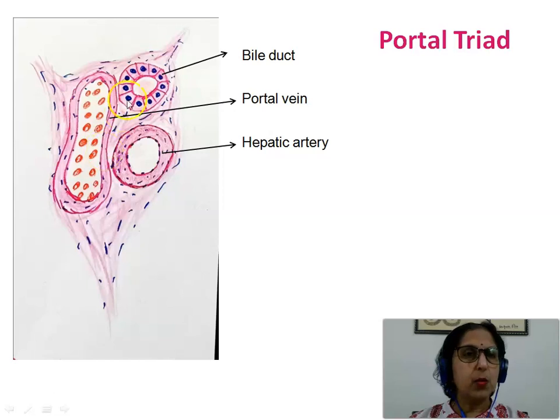The vein will be larger, having an irregular lumen or a collapsed lumen, and the luminal surface lined by simple squamous epithelium. The third would be the interlobular duct, which is lined by simple cuboidal or simple columnar epithelium with a rounded nucleus.